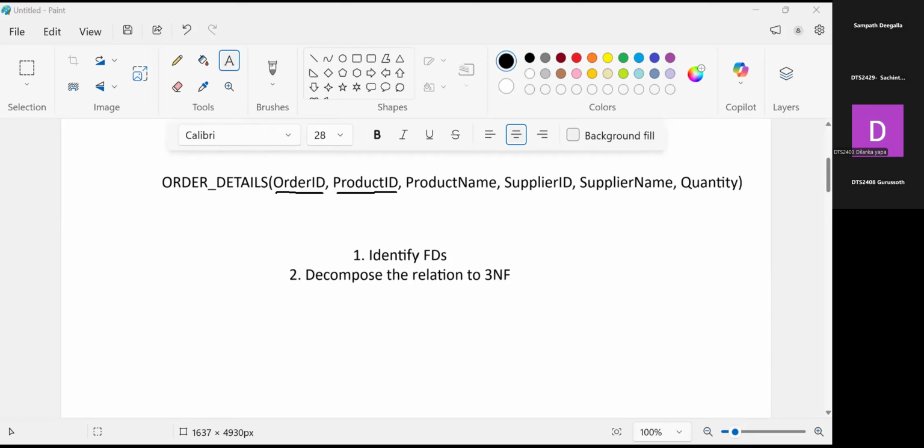Okay, so in this question, we can identify, okay, using this, we should be able to functionally determine all the others. Yes, because this is the primary key, right?